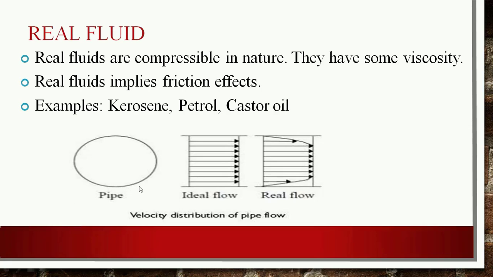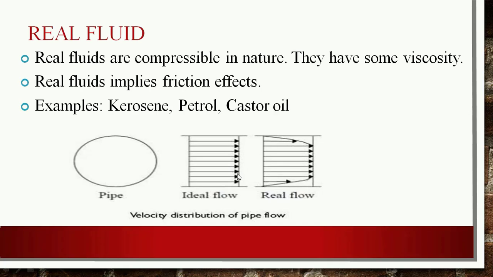This is the velocity distribution of a pipe flow. This is the pipe in which the water is flowing. This is the velocity distribution of an ideal fluid and this is the velocity distribution of a real fluid. It means the velocity is varying.